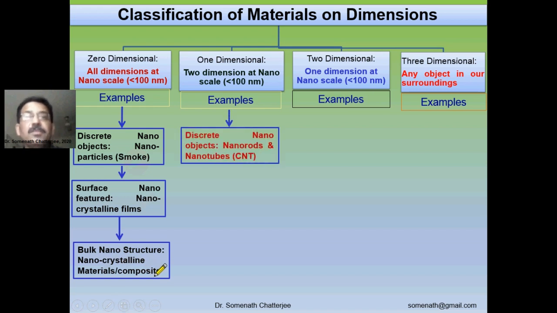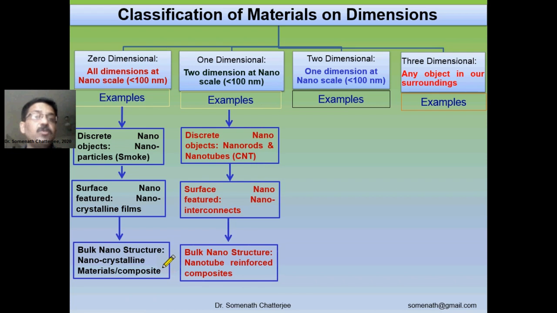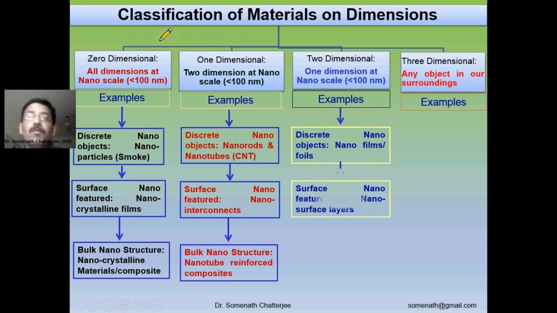Similarly, in one dimension, two dimensions are at nanoscale, that means less than 100 nanometers. The discrete objects are nanorods or nanotubes, CNT, carbon nanotubes. Surface nanofeatured is nano interconnects. Bulk nanostructure is nanotube reinforced composites. In two dimensions, one dimension is at nanoscale. The discrete nano objects are nanofilms or foils.